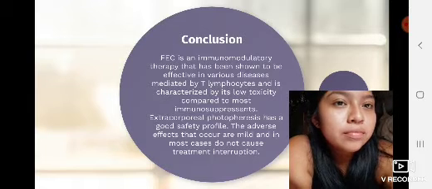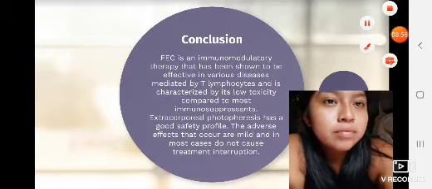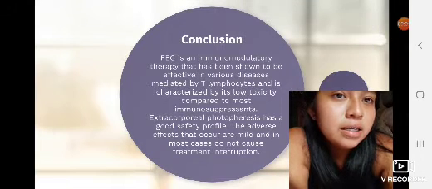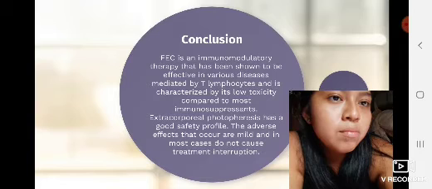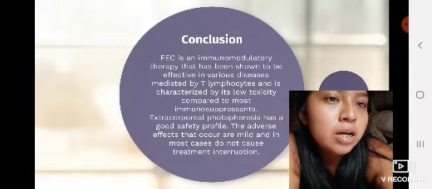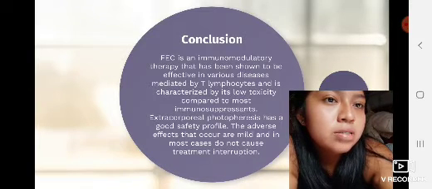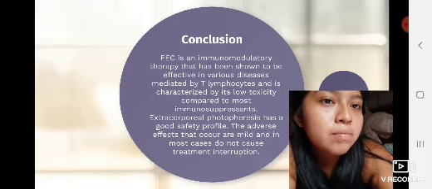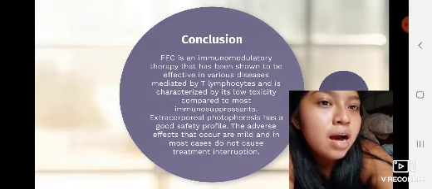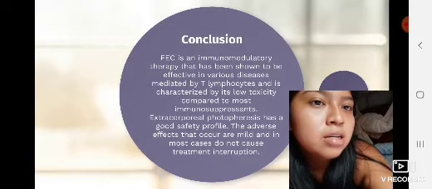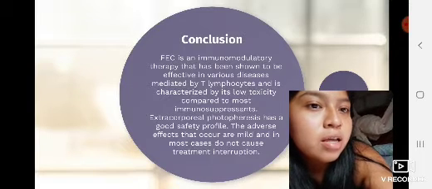Conclusion. ECP is an immunomodulatory therapy that has been shown to be effective in various diseases mediated by lymphocytes and is characterized by its low toxicity compared to most immunosuppressants.